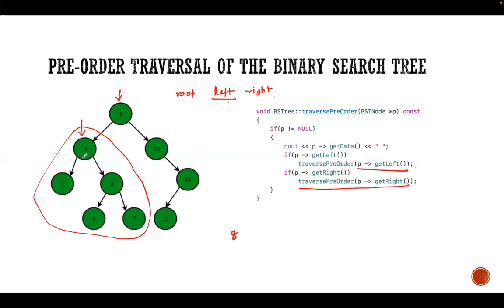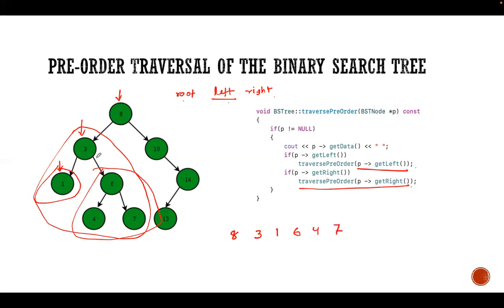So 3 is the root, so print that, and we'll go first to the left. That's another subtree, but it has only one child, so after the traversal it will only print 1. Then go to the right. In this right subtree, it will see root 6, left 4, and right 7. So it will print 6, 4, and 7.